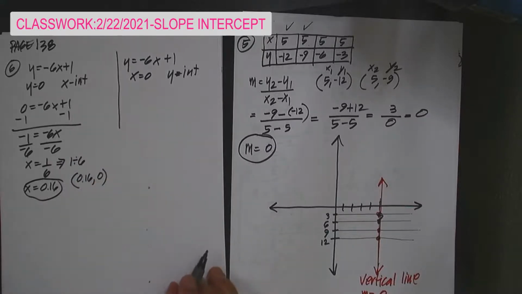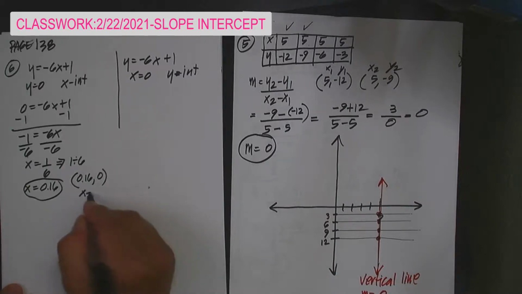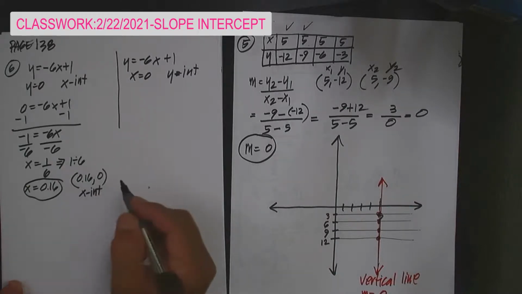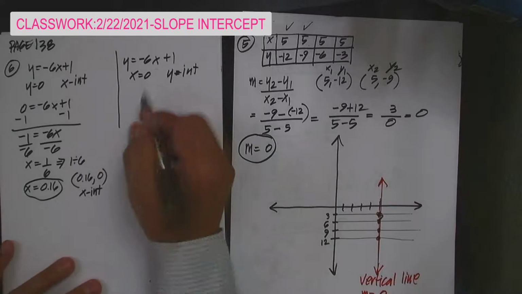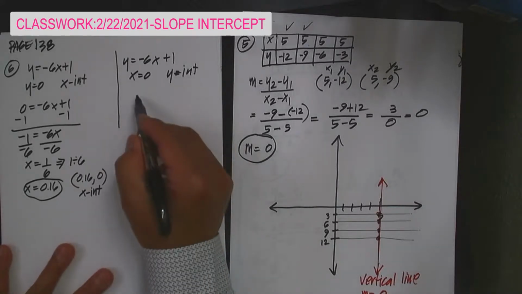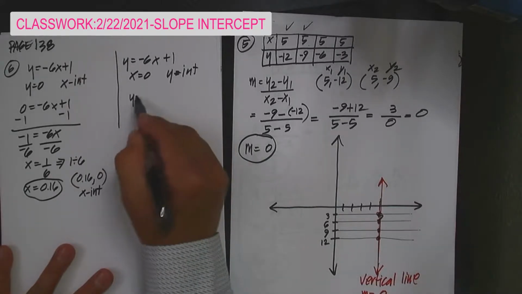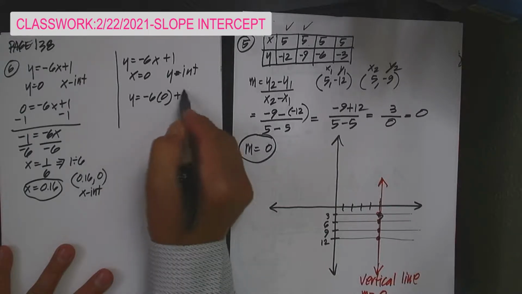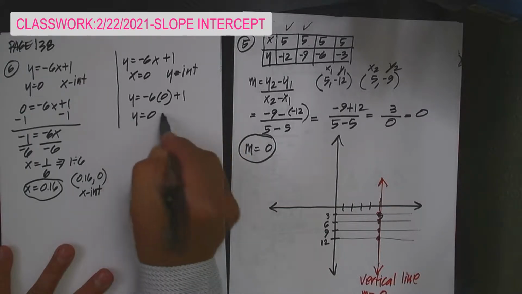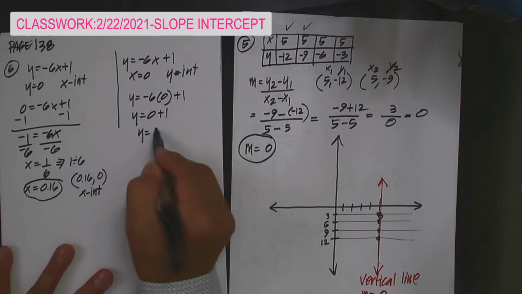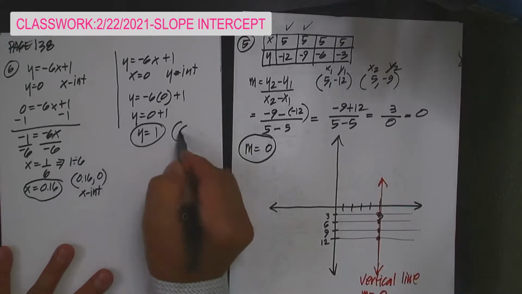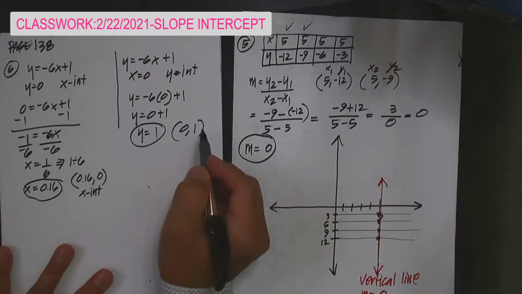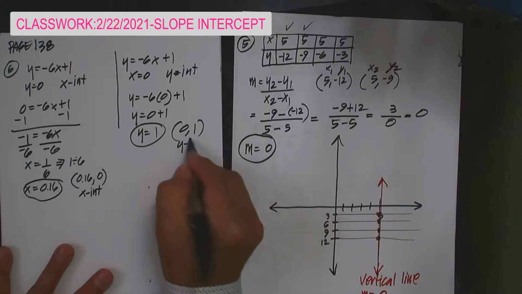So that is your x-intercept. Next, for this one, you have y is equal to negative 6 times 0 plus 1. So y is equal to 0 plus 1. So your y is equal to 1. So therefore, the coordinate is 0 and 1. So that is your y-intercept.